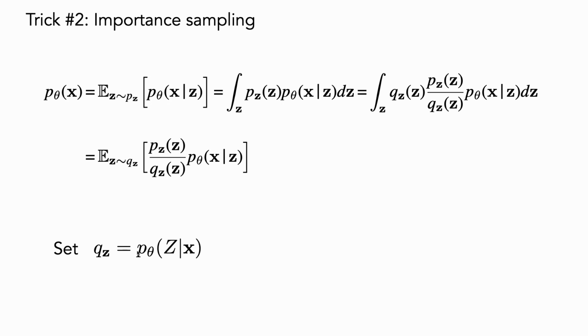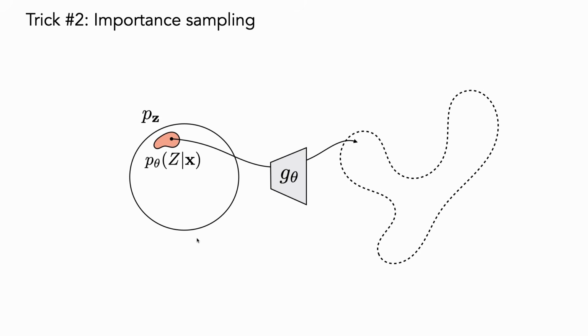I won't prove this, but I'll just assert that the optimal distribution to sample from for performing this estimation, in a certain sense, the distribution that minimizes the variance of my estimator of this expectation, is to sample z's from exactly the density p(z given x). What does that look like?